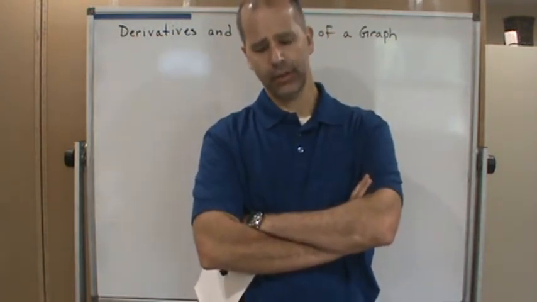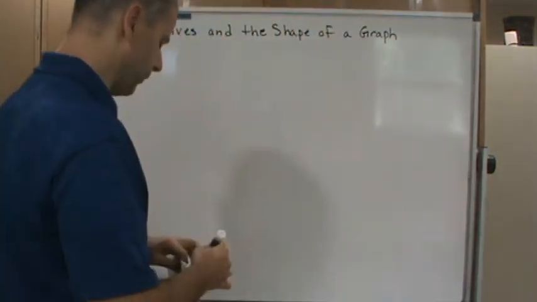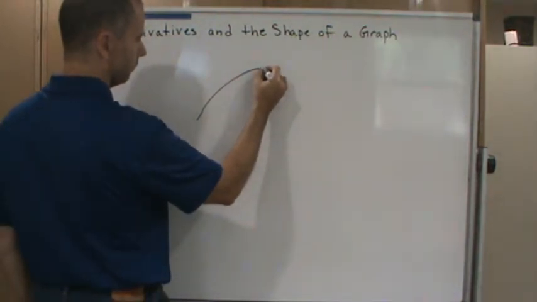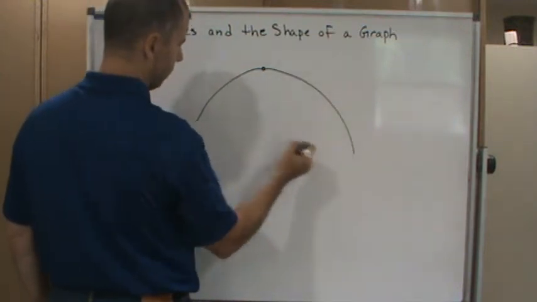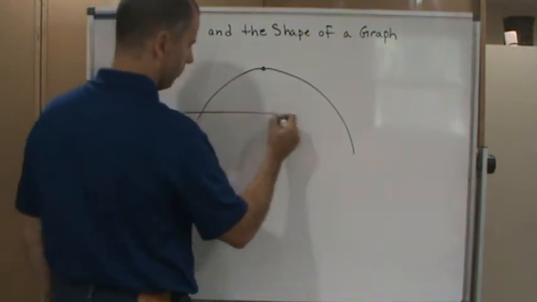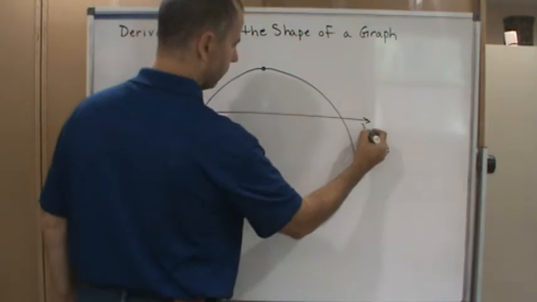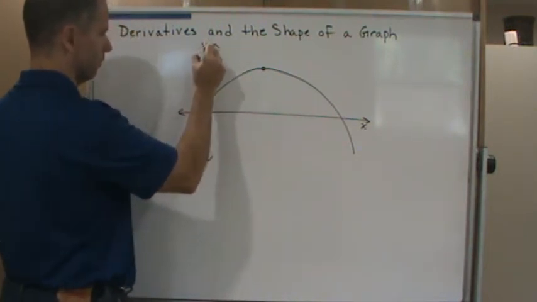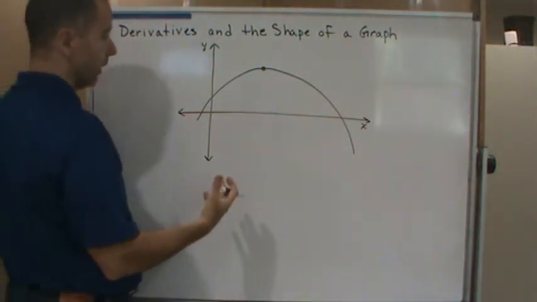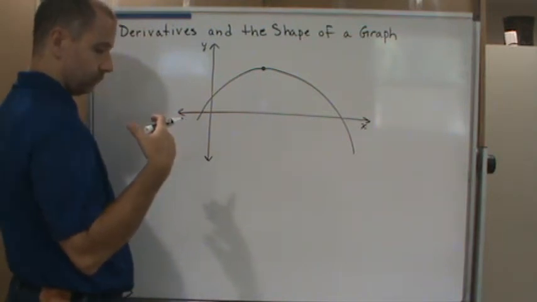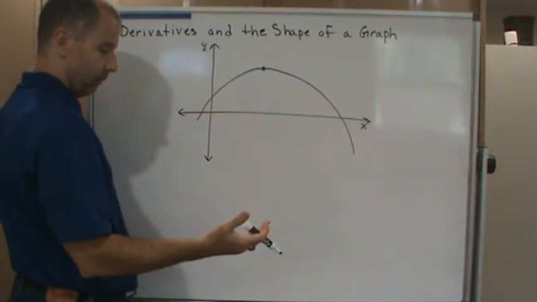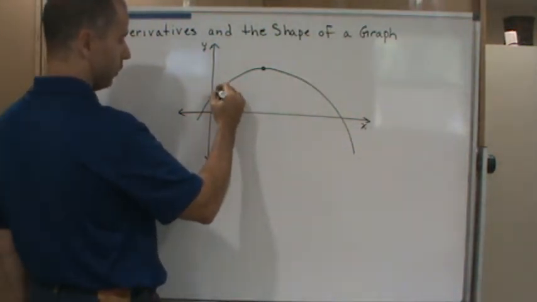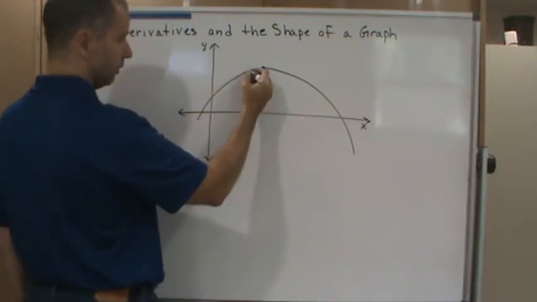So now we can use that to help us, because if we have a continuous function over I that contains C, and we have this graph, well, if it's a continuous function, then the only way that we could have a maximum value is if the function goes from an increasing function to a decreasing function.